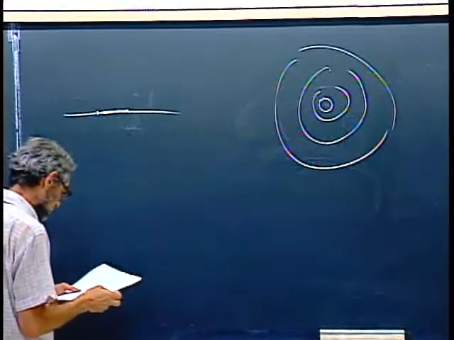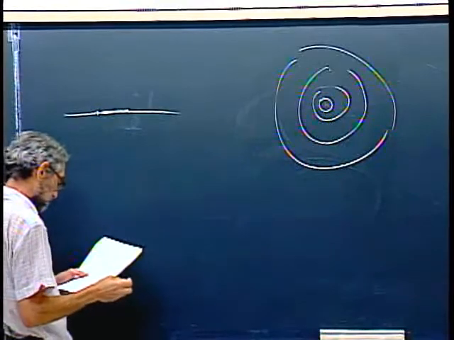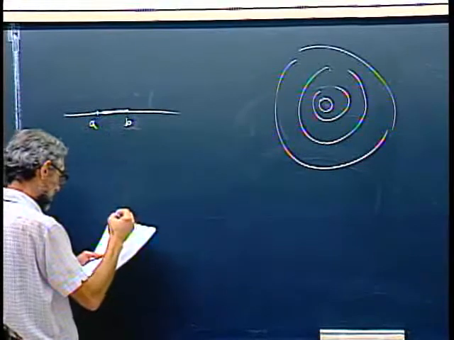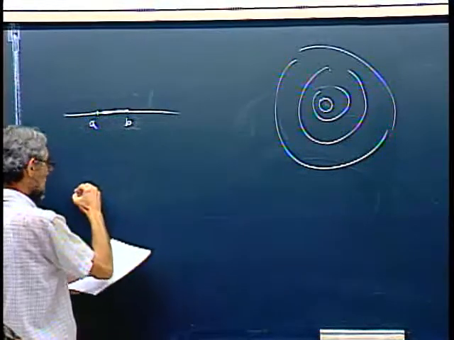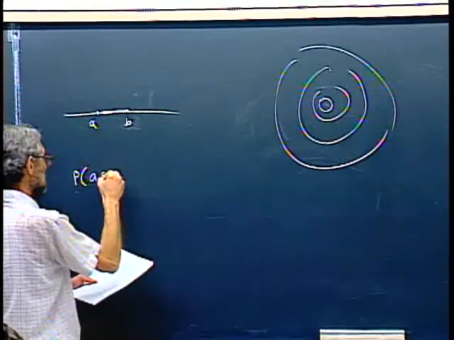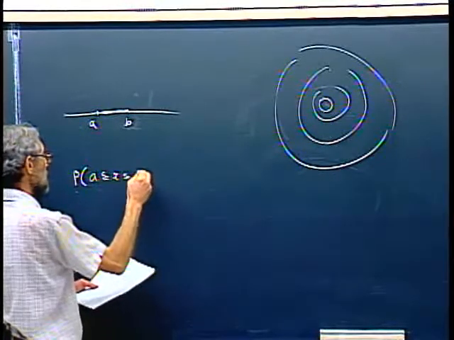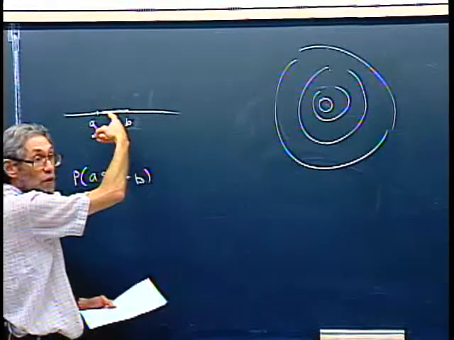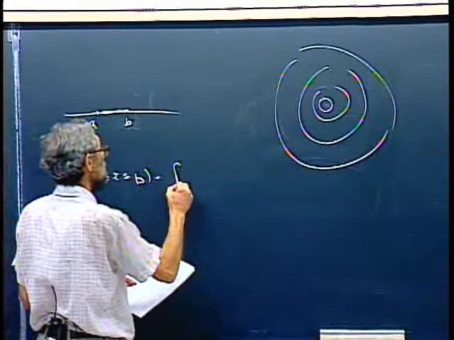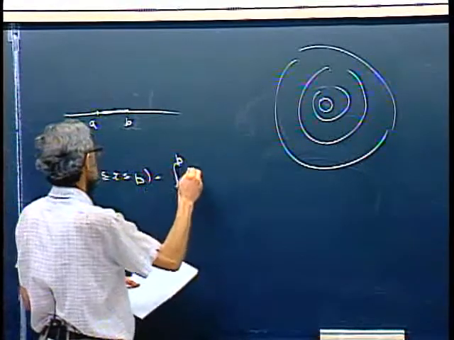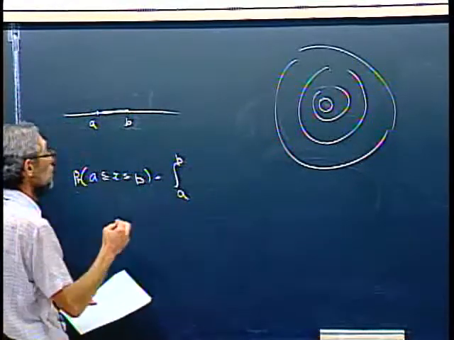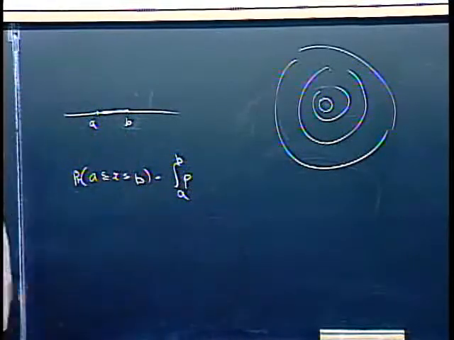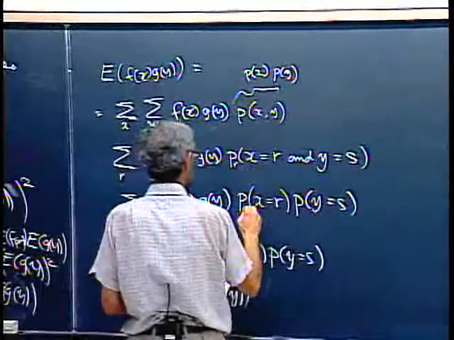So if we have a region, say, from A to B, we can say the probability that A is less than or equal to X is less than or equal to B. That means that our sample is in this interval is really the integral from A to B. Maybe I should use capital P for probability and lowercase p for the probability density.